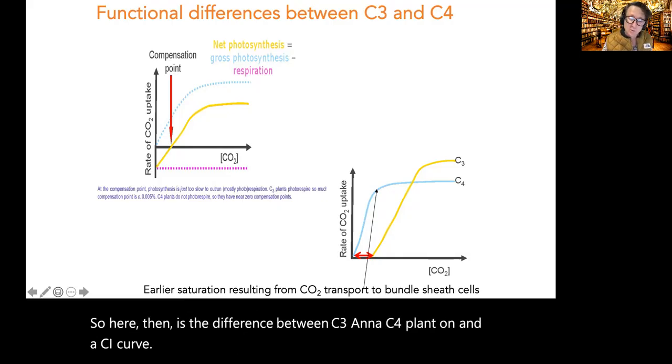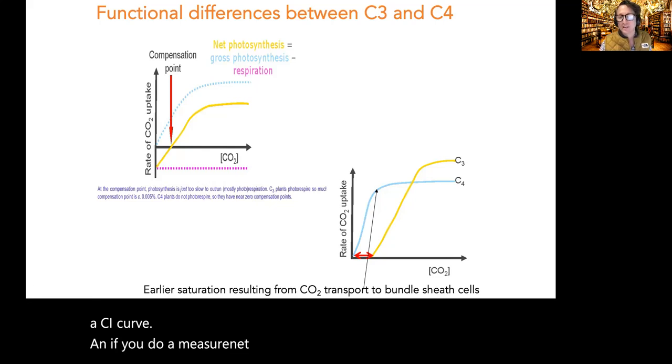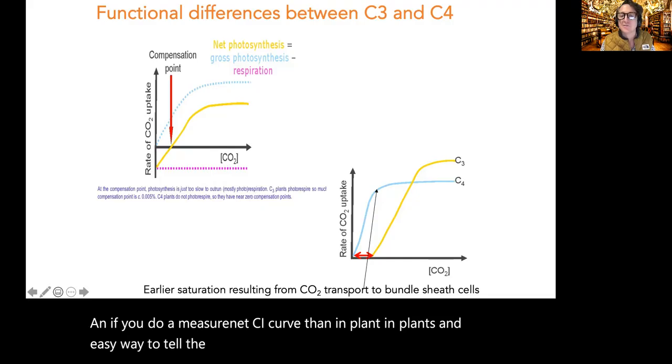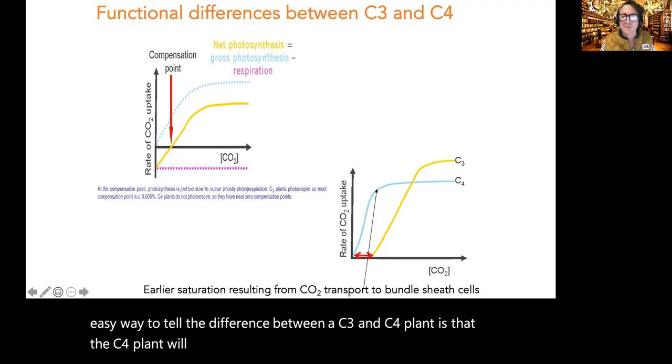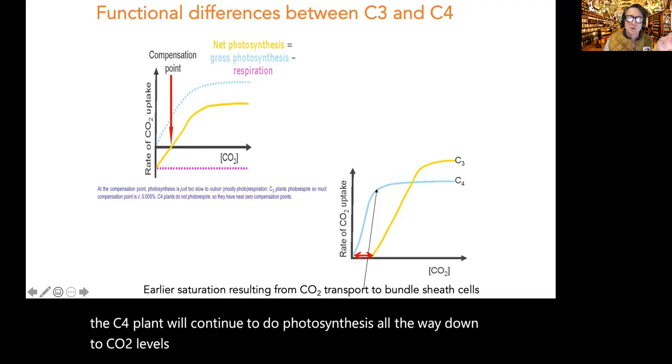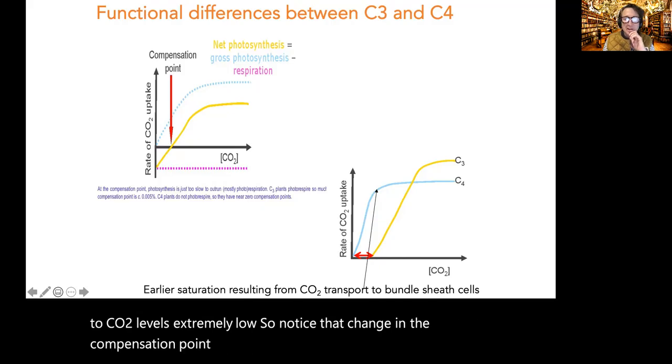If you do measure an A/Ci curve in plants, an easy way to tell the difference between a C3 and a C4 plant is that the C4 plant will continue to do photosynthesis all the way down to extremely low CO2 levels. So notice the change in the compensation point between C3 and C4 plants.